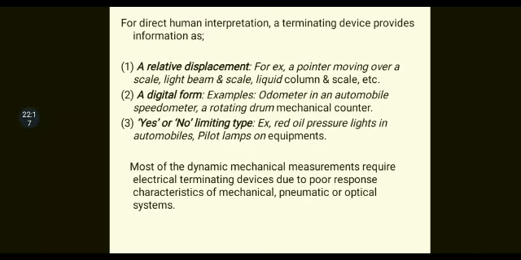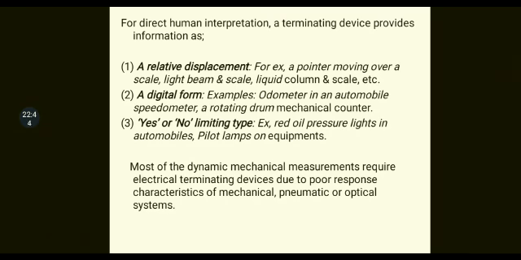So this is how yes and no type systems work. Next, these three types of forms exist now. You are lucky people. There are meters which are analog, meters which are digital, and even elements like yes or no.